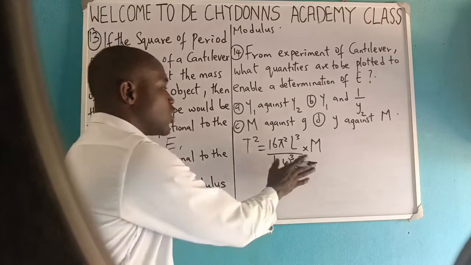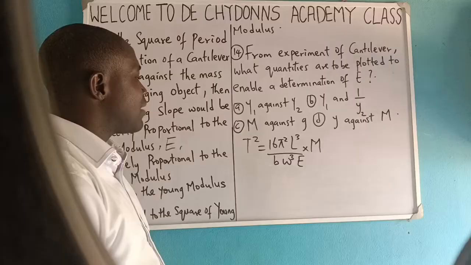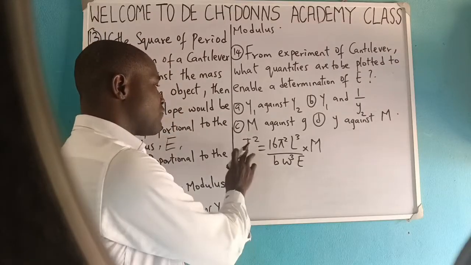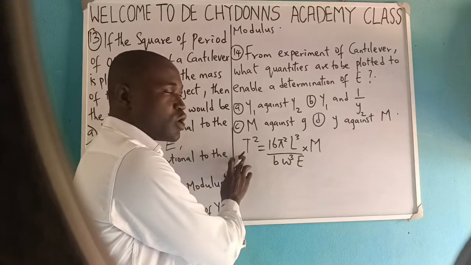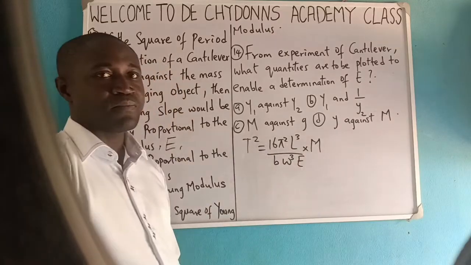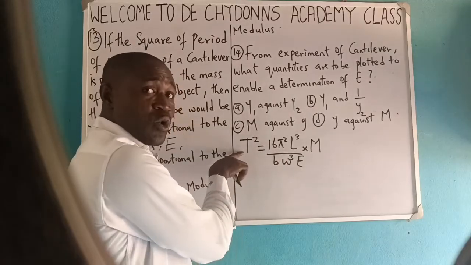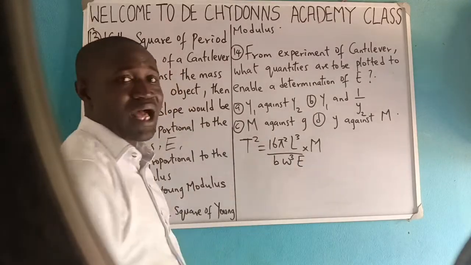When we plot a graph of the square of the period against the mass, T squared is on the vertical axis and M is on the horizontal axis.